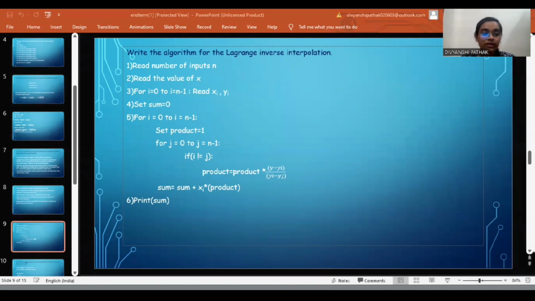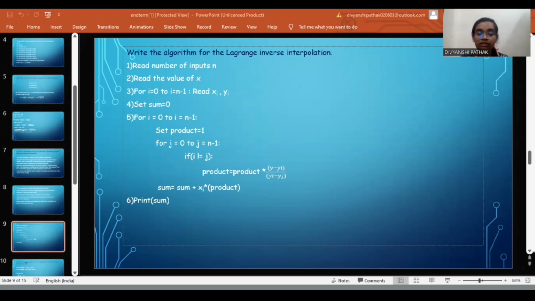Now in the fifth step, again there is a loop for variable i initialized from 0 till n minus 1, within which there is a product variable which is initialized to 1. Then inside this there is a nested loop for variable j which is initialized from 0 till n minus 1, within which there is an if condition for i not equals to j.